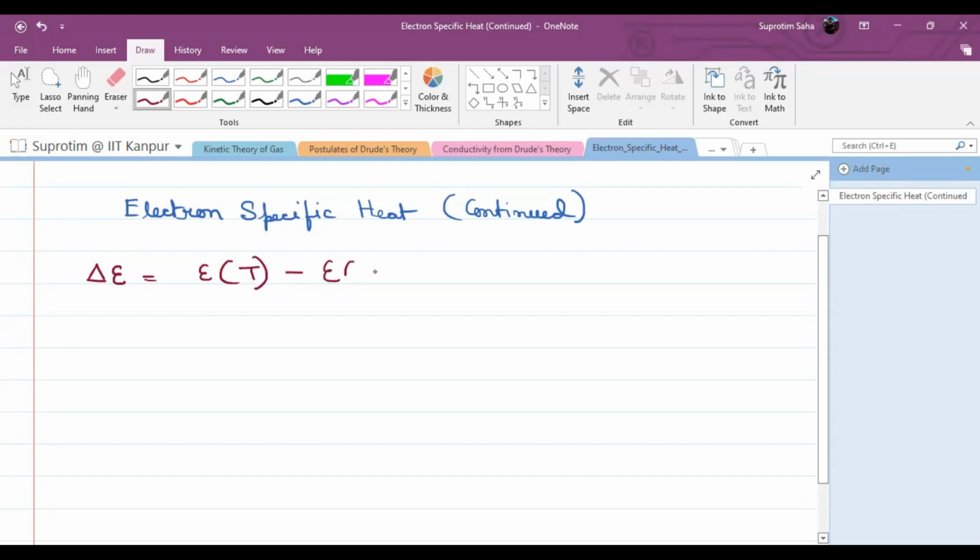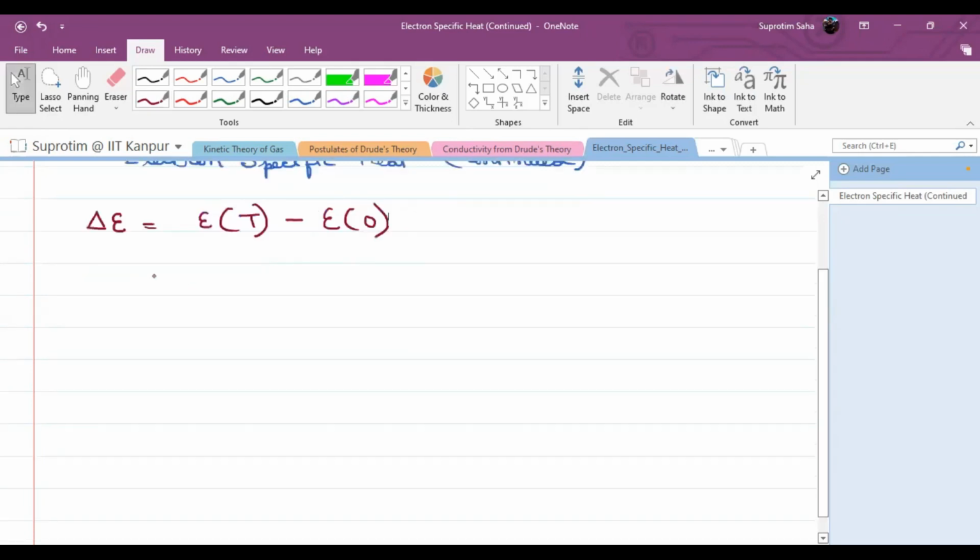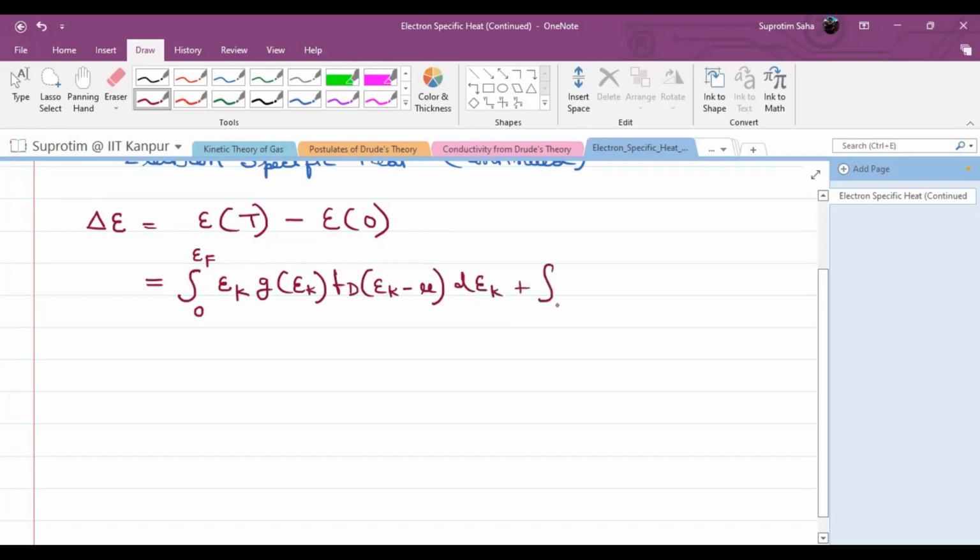First, the difference in energy is integration 0 to EF epsilon k G of EK Fermi Dirac epsilon k minus mu, finite temperature chemical potential, D of EK, plus the other integral epsilon F to infinity epsilon k G of EK Fermi Dirac epsilon k minus mu D of EK.